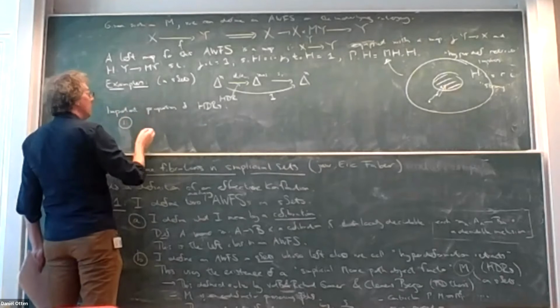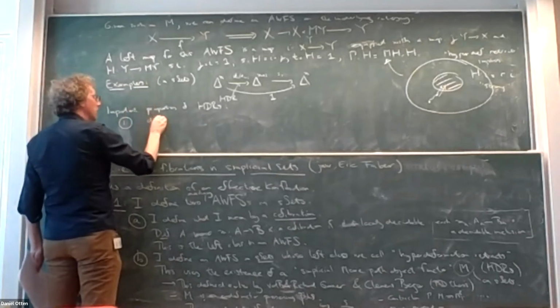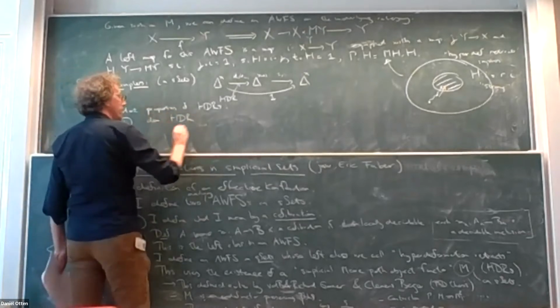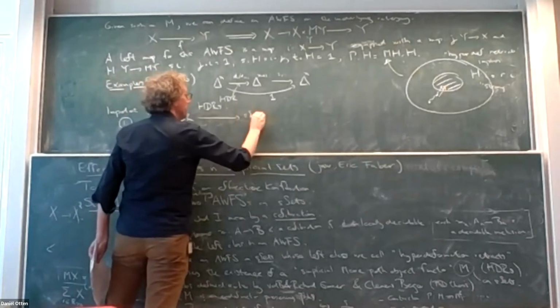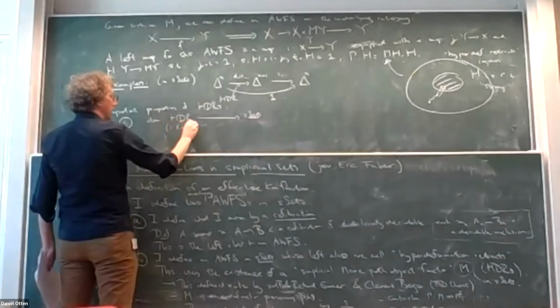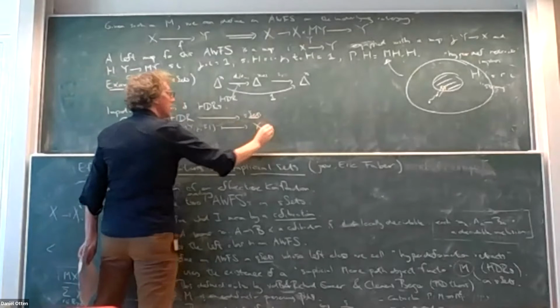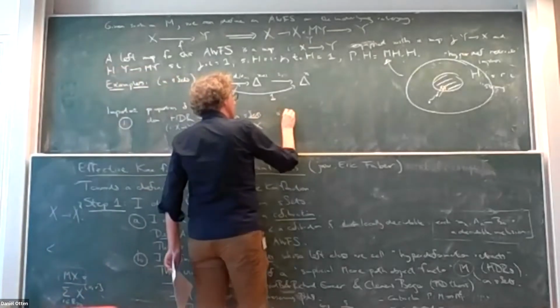And there is a domain functor from the category of HDRs back to the base, where we take this I from X to Y to X.